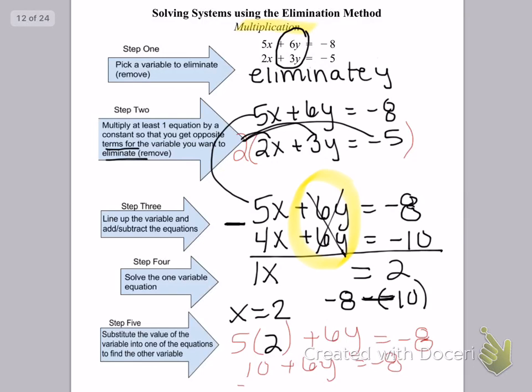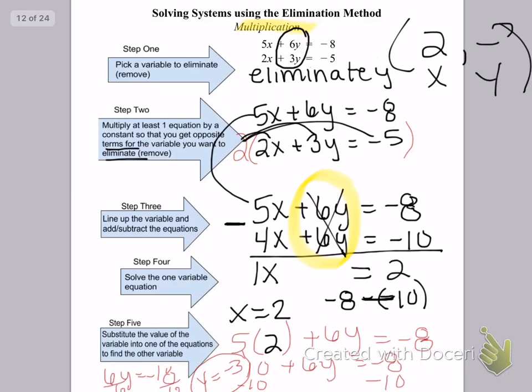Well, we got to move over our 10, so minus 10 on both sides. So you have 6y equals negative 18. Divide by 6. So y equals negative 3. So for our answer for this problem, we're going to have the ordered pair, our x and our y. Our x value we found was 2, and our y value is negative 3. And that is the solution.